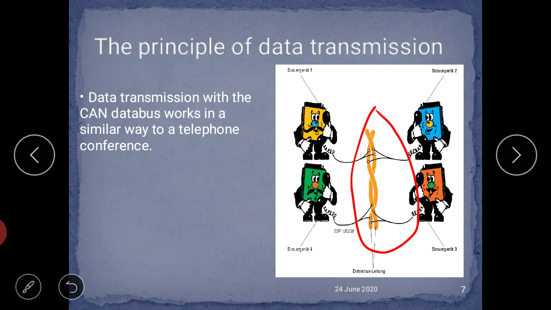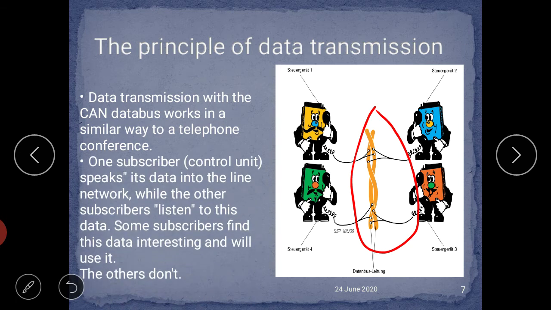Data transmission with the CAN data bus works in a similar way to a telephone conference. Okay, so the data transmission principle is similar in the CAN system as in a telephone conference. One subscriber, that is a control unit, speaks its data into the line network. Its data gets entered into the line network, while the other subscribers listen to this data, and some subscriber finds this data interesting or useful, and then that subscriber will use that data, and other subscribers will skip that data.